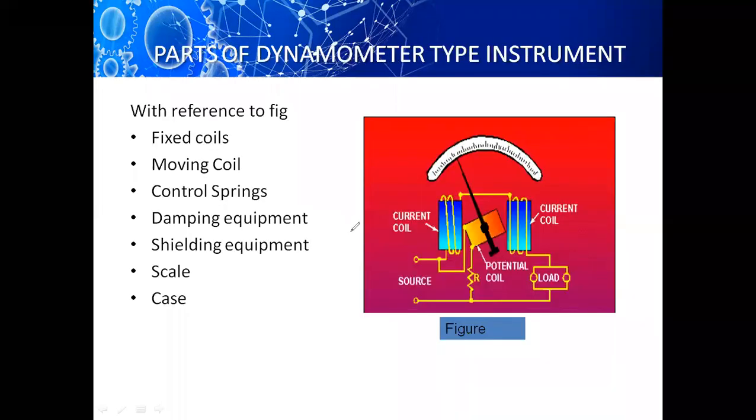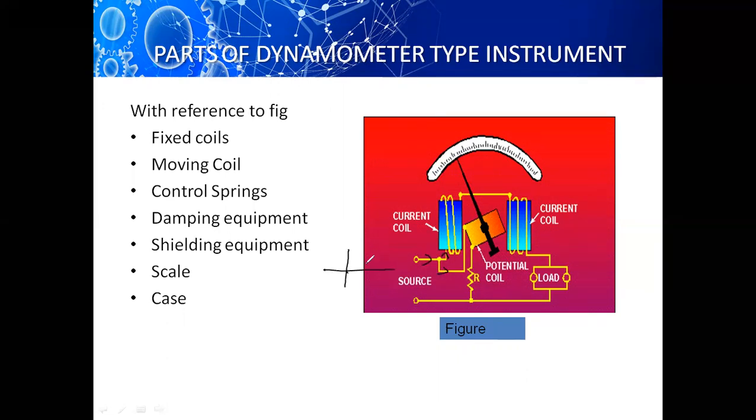So here you have a current coil. Say this is what we call the fixed coil, and this is our moving coil. Now when current flows through this coil, the current splits into the fixed coil as well as the moving coil.